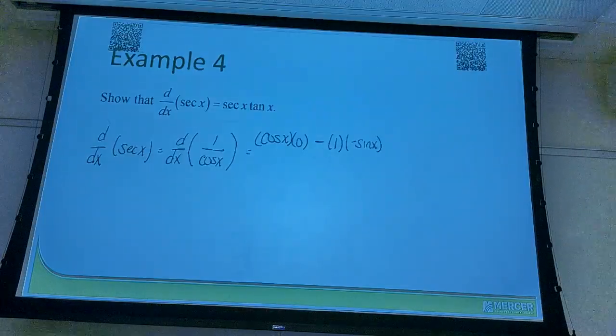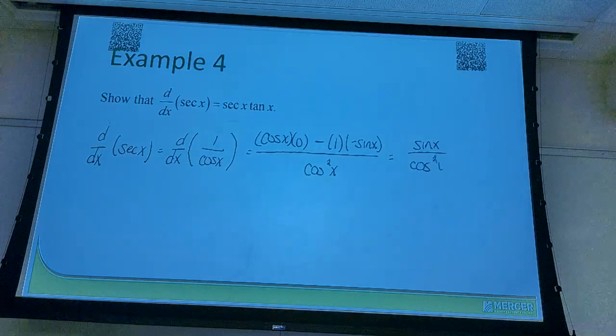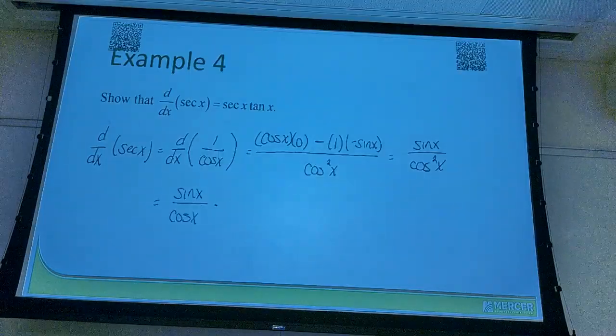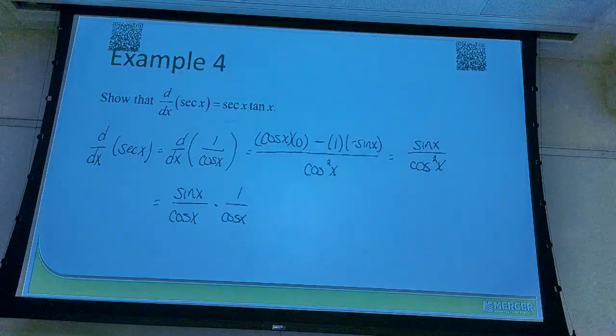Negative sine. You're left with sine over cosine squared, right?